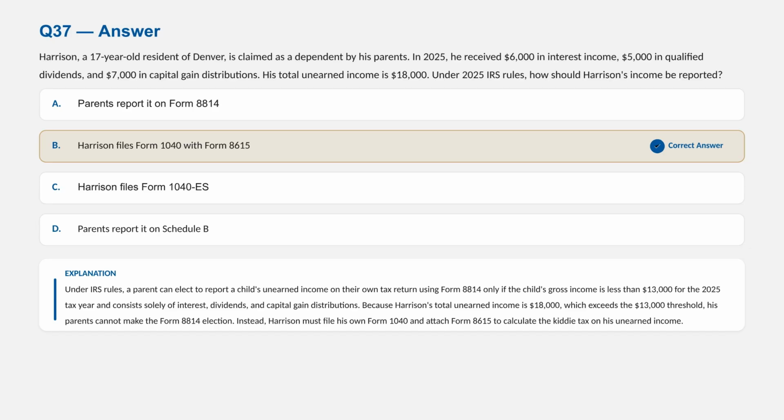Because Harrison's total unearned income is $18,000, which exceeds the $13,000 threshold, his parents cannot make the Form 8814 election. Instead, Harrison must file his own Form 1040 and attach Form 8615 to calculate the kiddie tax on his unearned income. Great, now let's move to our next question.